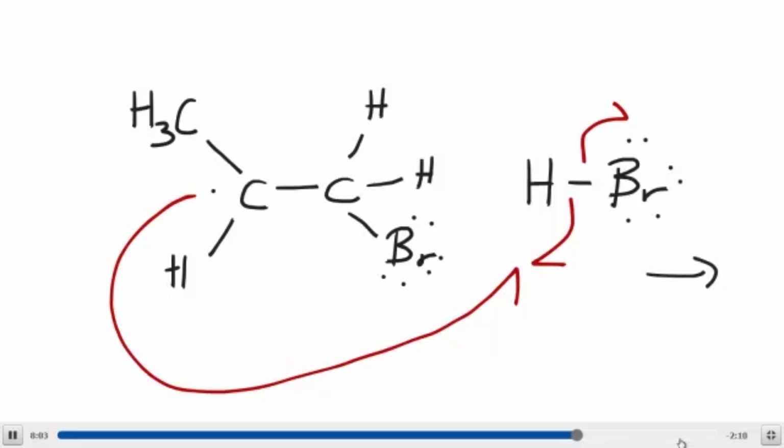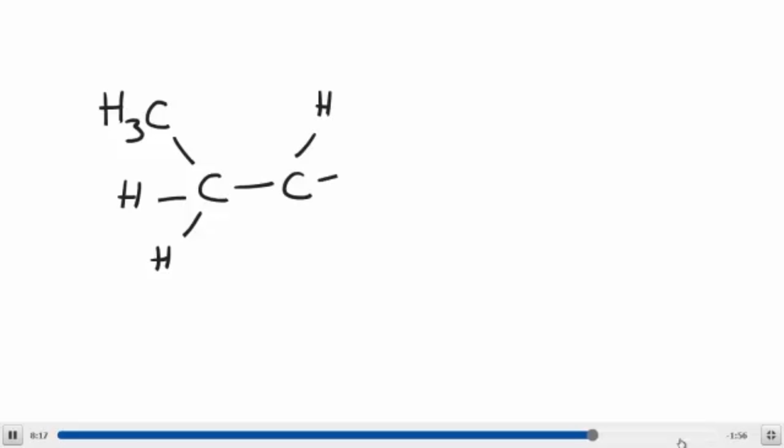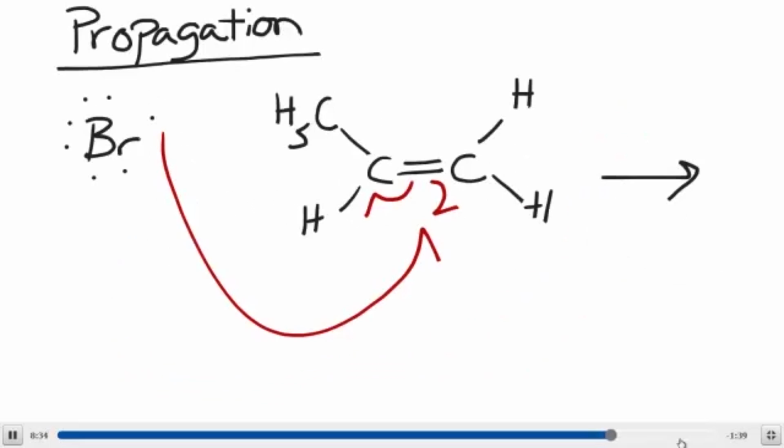So again, remember, we're starting with a radical. You're going to have to make a radical, and I'll show that radical here in a minute. You made another bromine radical, which is wonderful, so you can use it and go all the way to the beginning again and start all over.